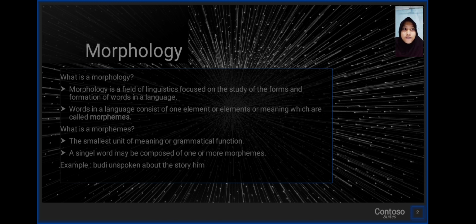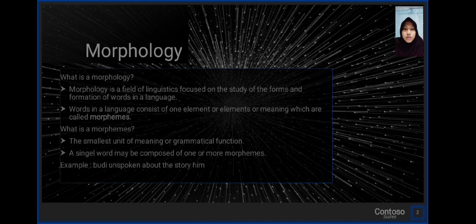Morphology is a field of linguistics focused on the study of the form and formation of words in language. And words in language consist of elements of meaning which are called morphemes.